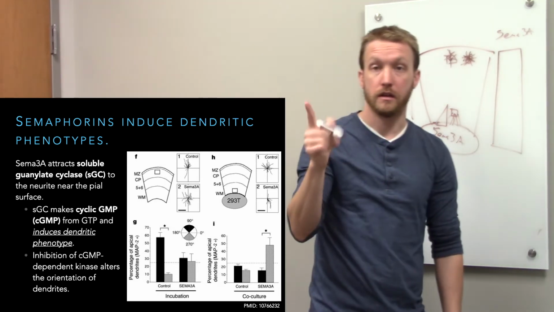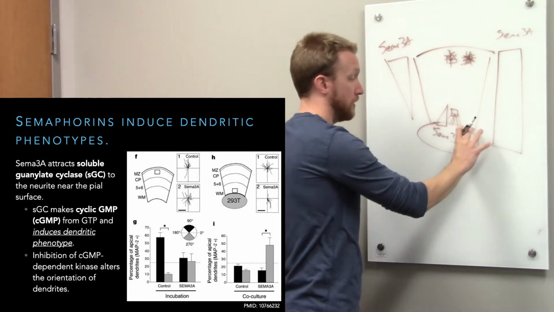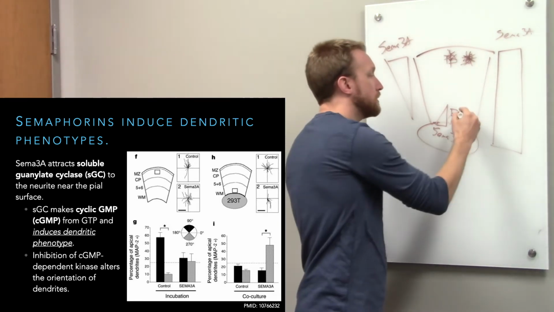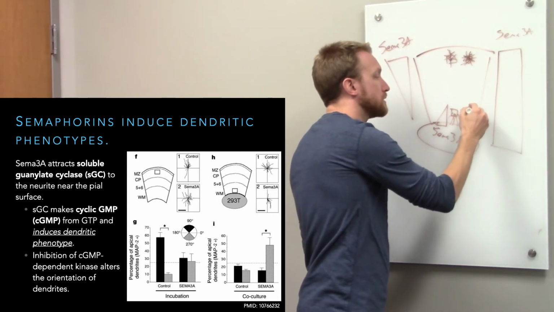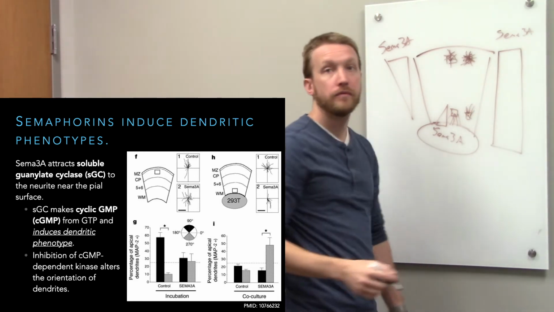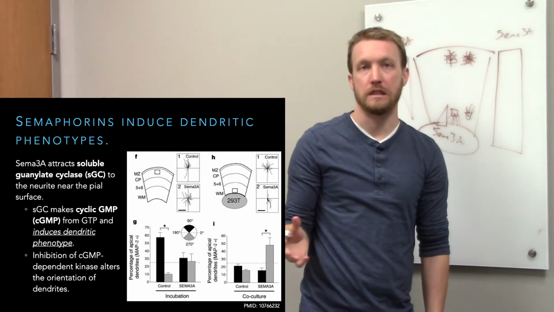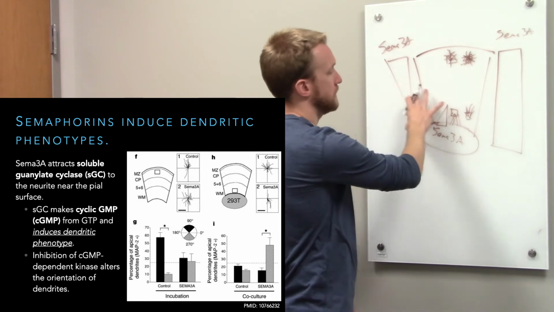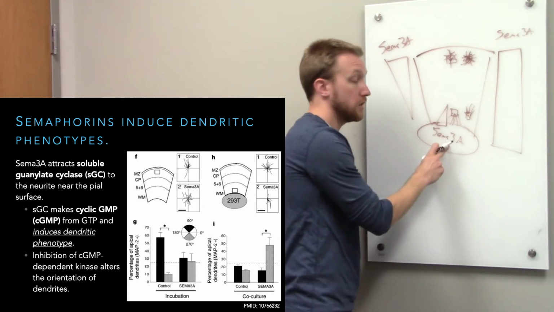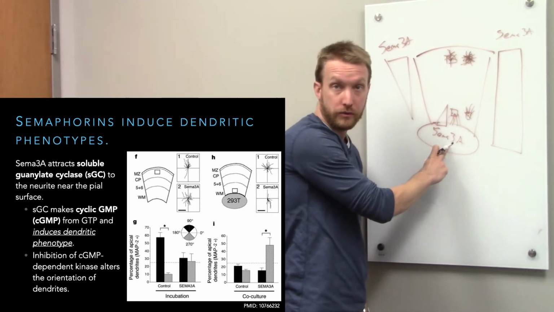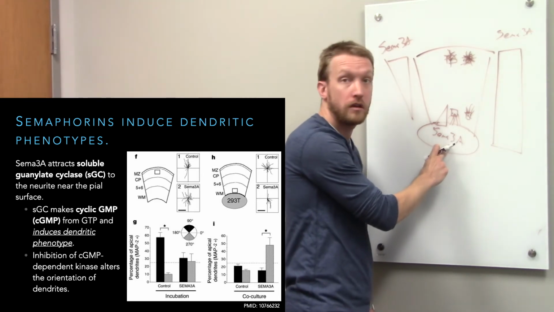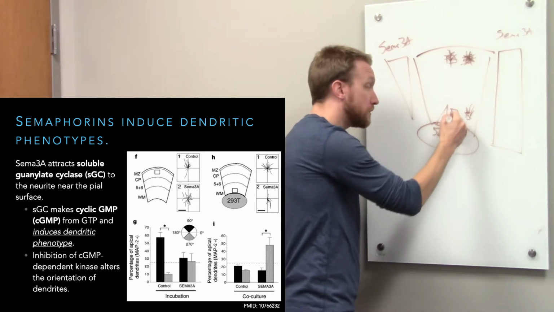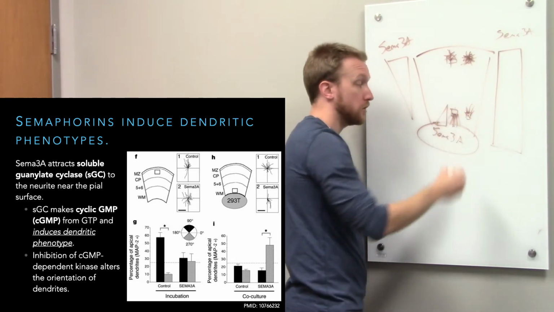In part I, when they don't have the HEK293T cells express anything at all, what they see there is still mostly some upward growth. It's not as good as what you see in part F though, because we're not really getting much of a semaphorin gradient. When they cause semaphorin 3A expression in those 293T cells, now most of the dendrites are growing downward toward that semaphorin.